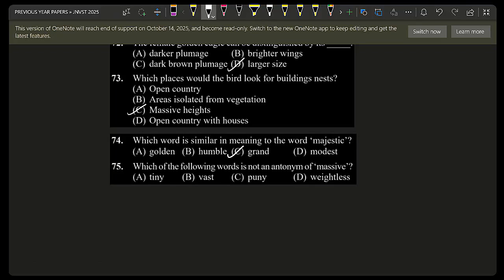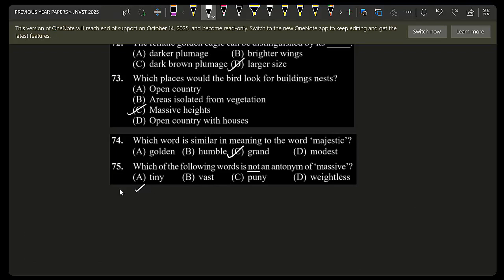75. Which of the following words is not an antonym of massive? Massive means very big, okay? They said not is very important here. So we should not choose the antonym; we have to choose the one that is not an antonym. Massive means very big. Tiny means very small, yes, this is the correct antonym.